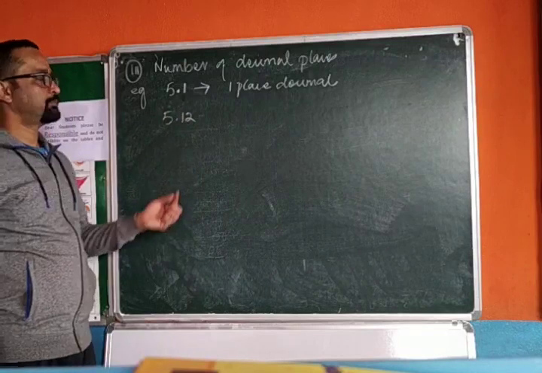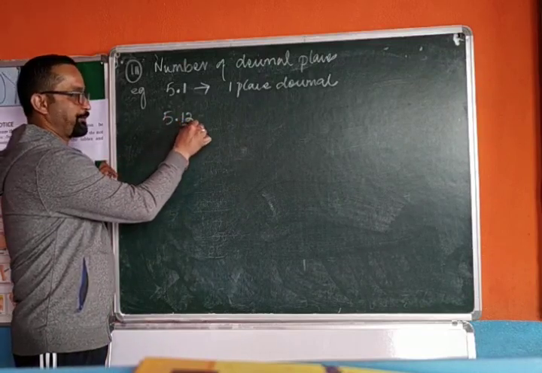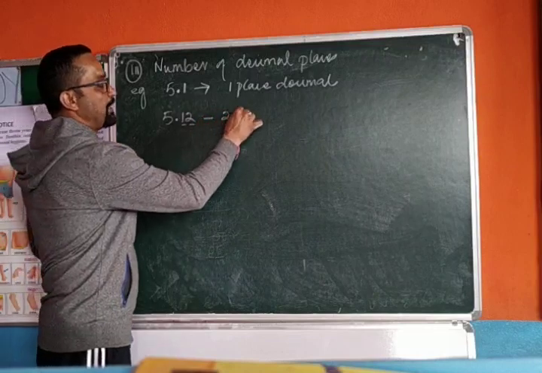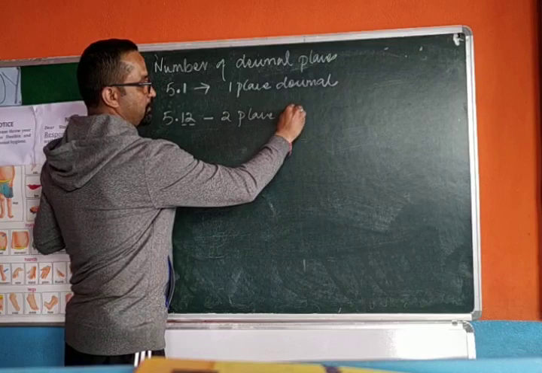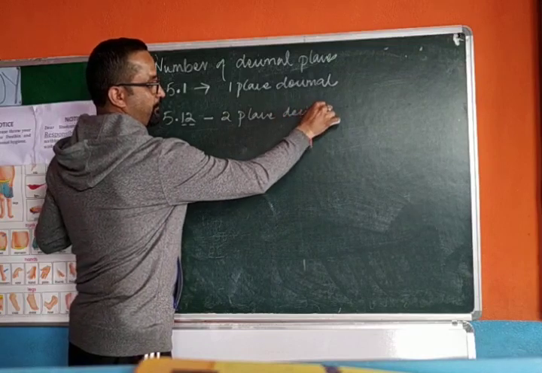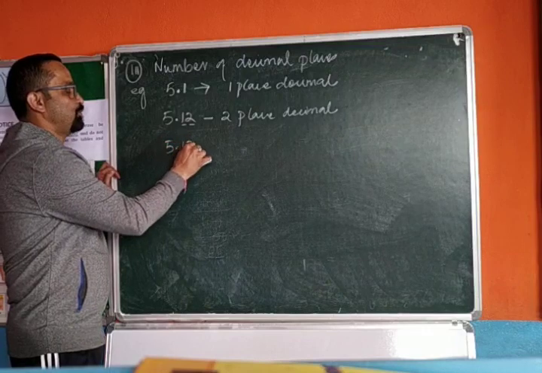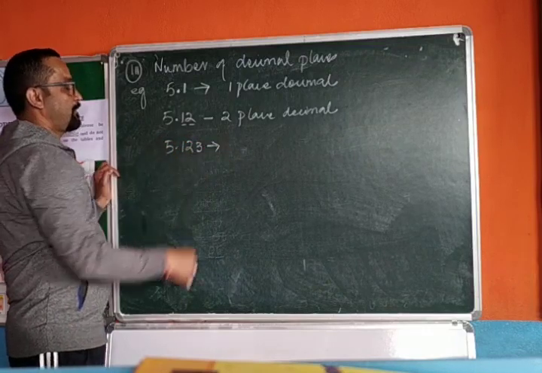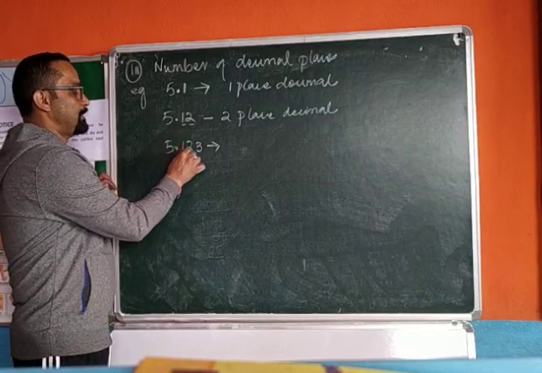5.12. After decimal you have two digits, so it is called two place decimal. Third example, 5.123. How many do we have after decimal? We have three digits.